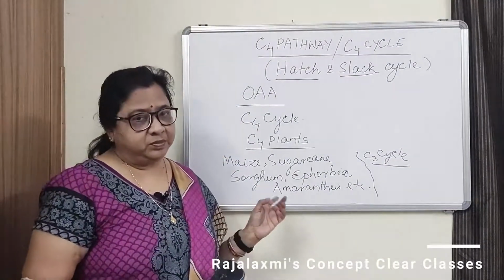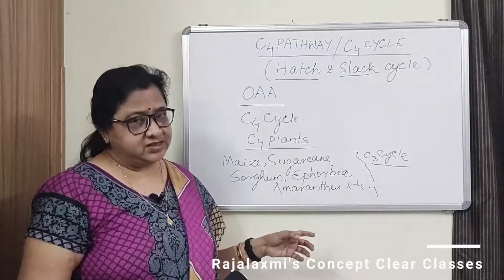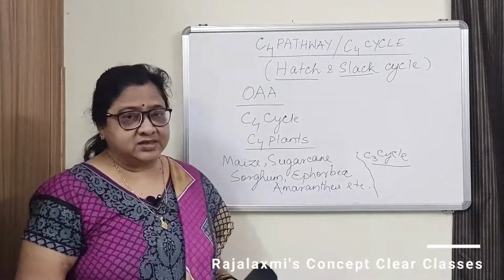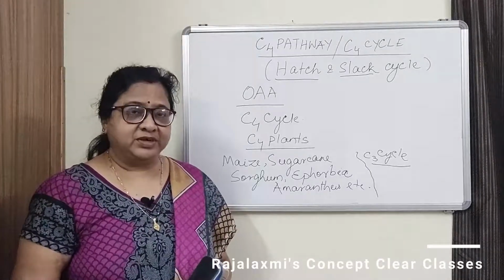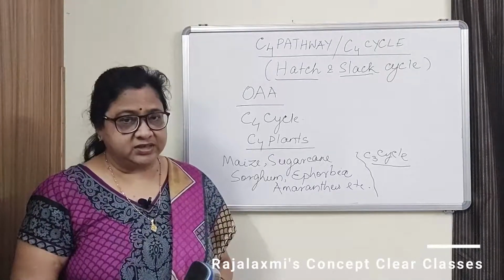That is, in C4 plants there is also a C3 cycle. The only difference is the initial fixation of carbon dioxide in C4 plants.